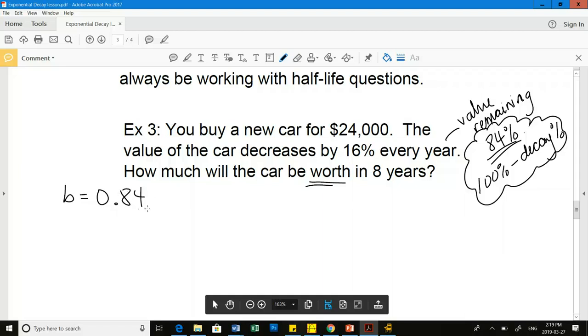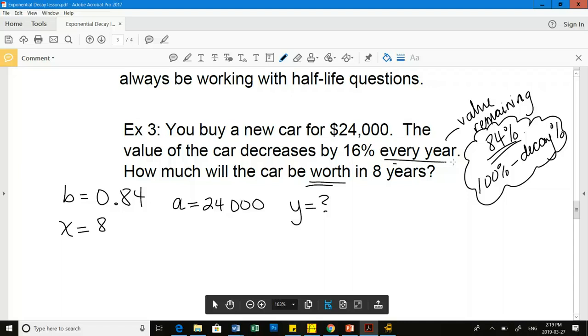Is this a number between 0 and 1? Yes. Okay, so that's decay. My initial value, my A, is 24,000. Y is my question mark. I don't know how much it's worth after. And then X has two components. What's the total time span that we're looking at here? What is the decay period? 1 year.